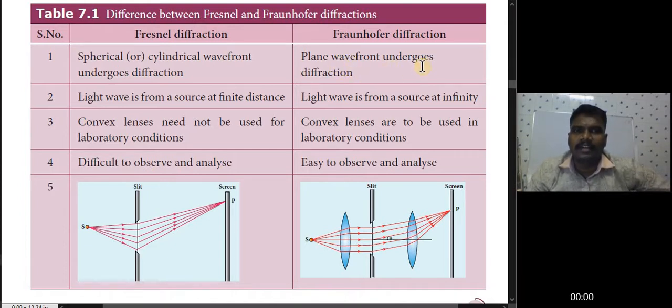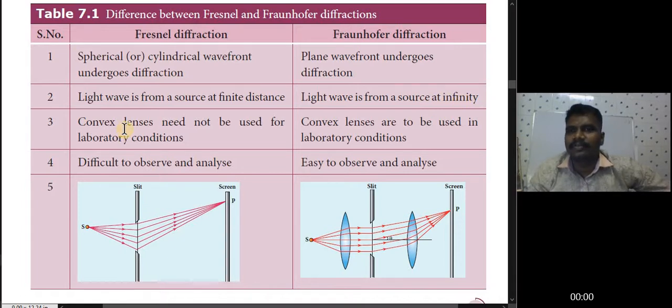Second point: for the Fresnel diffraction, light wave is from a source at finite distance. For the Fraunhofer diffraction, light wave is from a source at infinity.